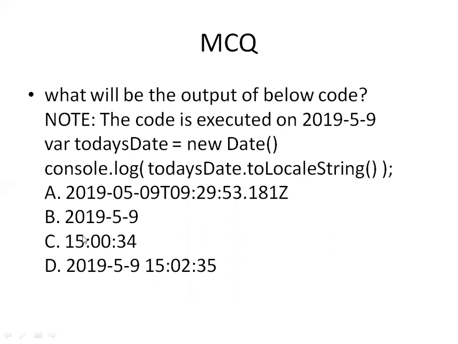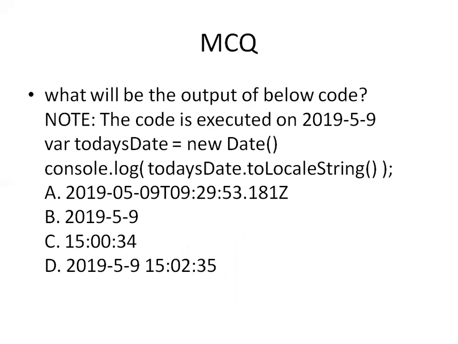So here we have 4 options. The first option has the information about the date as well as time, but with the separator T. In option B, we have only the information about the date. In option C, we have the information about the time. In option D, we have the information about the date as well as time in the general format.